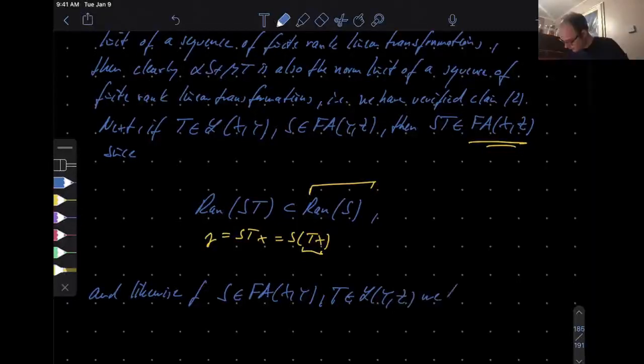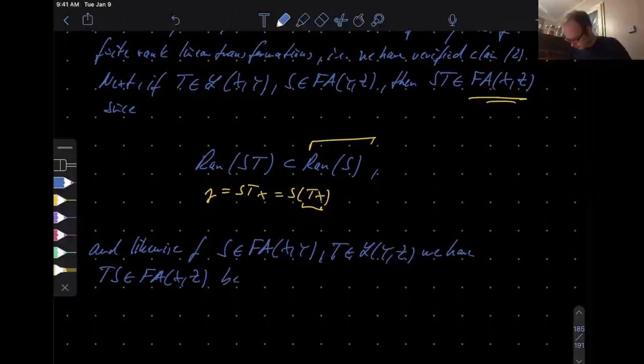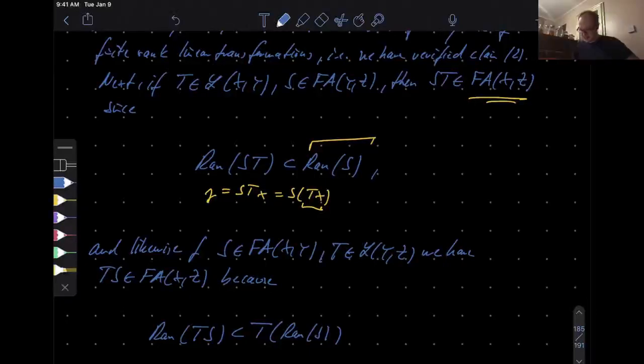I claim that the composition Ts, where the finite approximable one is now on the right instead of on the left, is in Fa(x,z), because the same argument that I showed earlier actually shows this, which is improved, and you can still see it here in yellow.